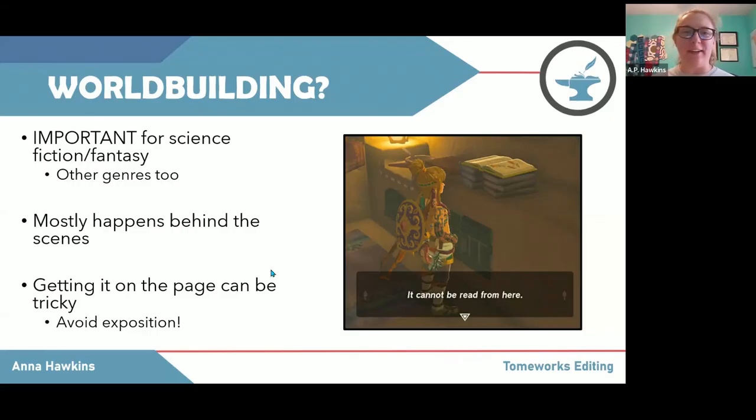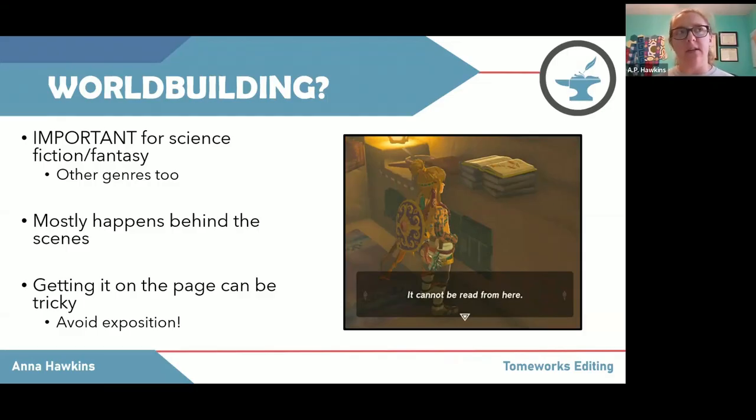But so we talked about why world building is important, why we have to do it. But getting it on the page can be tricky because it's easy to fall into long paragraphs of exposition where you're explaining your world to the reader, where you're taking long breaks in the plot to describe something in great detail or explain why this aspect of the world works the way it does.